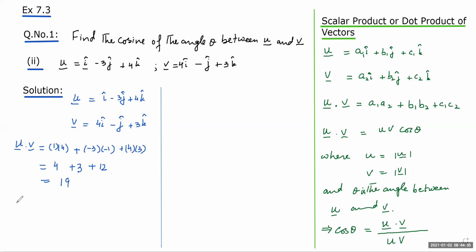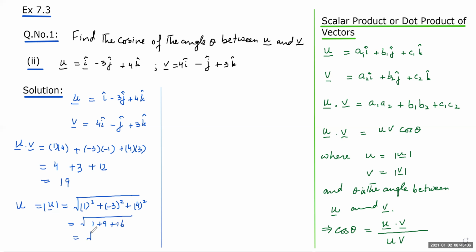Now I'm going to find the magnitude of u, which will be equal to the square root of the coefficient of i squared, that is 1 squared, plus the coefficient of j, that is minus 3, squared, plus the coefficient of k, that is 4, squared. The result will become 1 plus 9 plus 16.